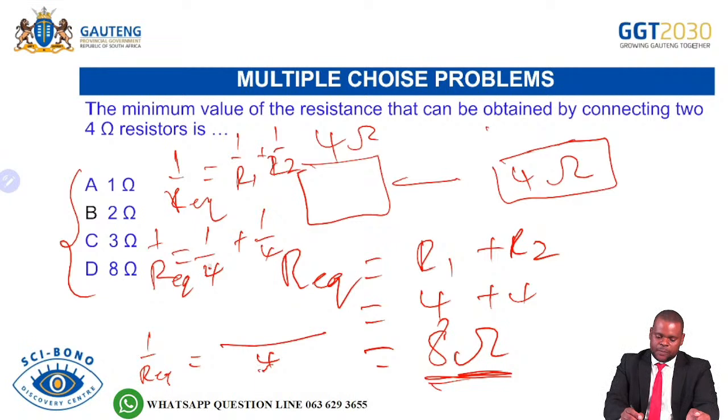It goes 1 time. 1 multiplied by 1 is 1. Then plus 4 goes how many times into 4? It goes once, and 1 multiplied by 1 gives you 1. Then we have 1 plus 1 is 2 over 4. Can you see?